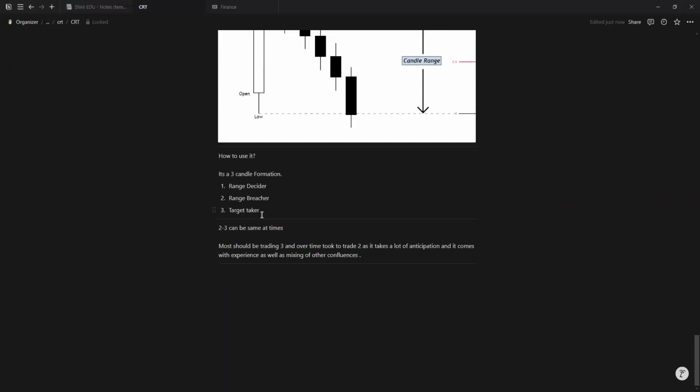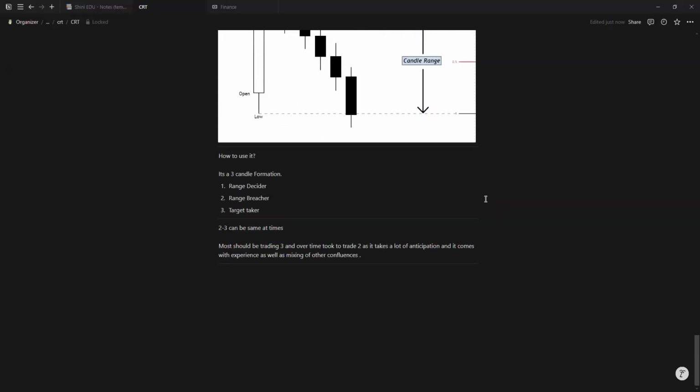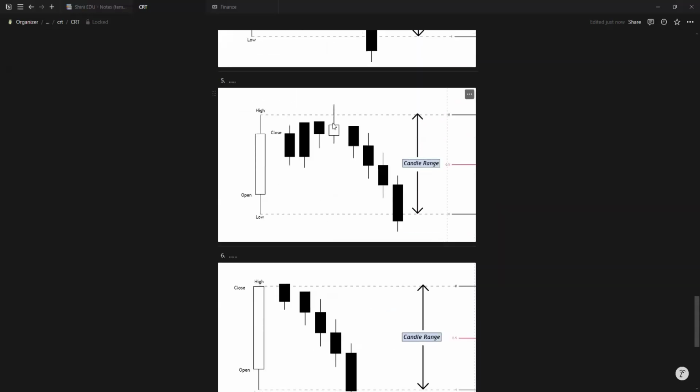The third is the target taker. The target could be the 100% or the 50%. If you're a beginner or you have heard of the CRT for the first time, one should be looking at the third candle, after the close of the second candle.